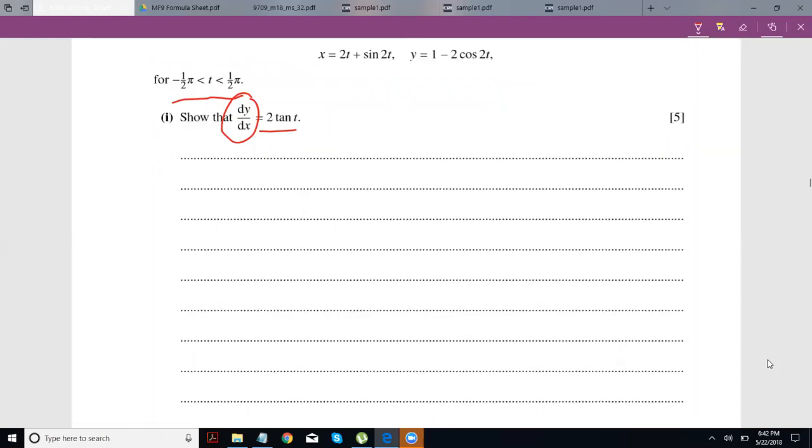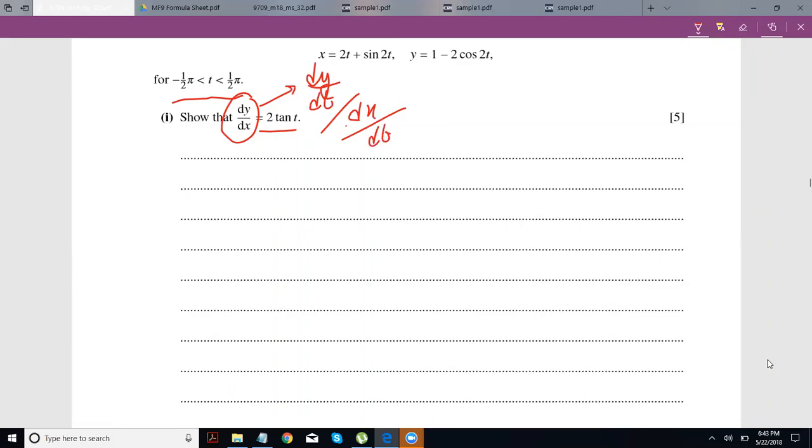Okay, so to calculate dy over dx, if you think about this, it is dy over dt divided by dx over dt.